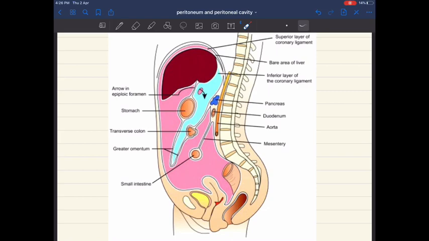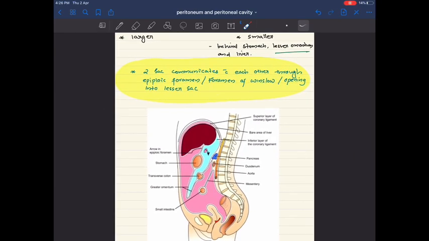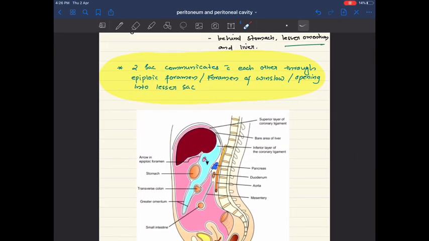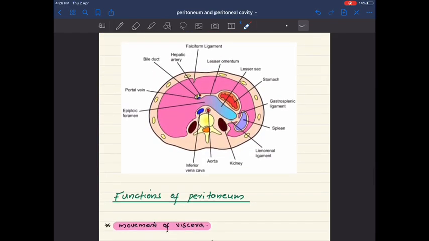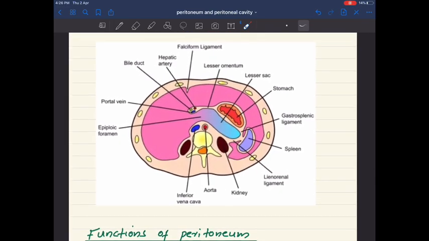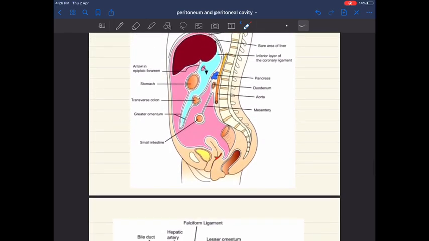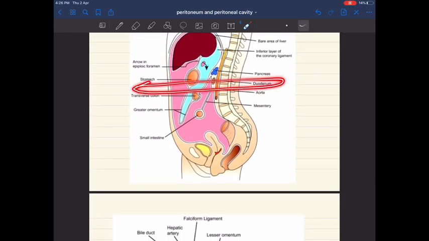So I told you there is connection between greater sac and lesser sac. See, this opening is called epiploic foramen. Okay, so the connection between these two sacs is epiploic foramen, otherwise known as foramen of Winslow, or opening into lesser sac. Okay, see the other picture. This is transsectional picture. Means if you cut like this and see from here, this is how you can see.